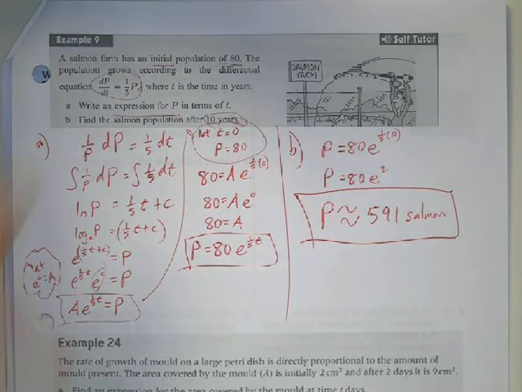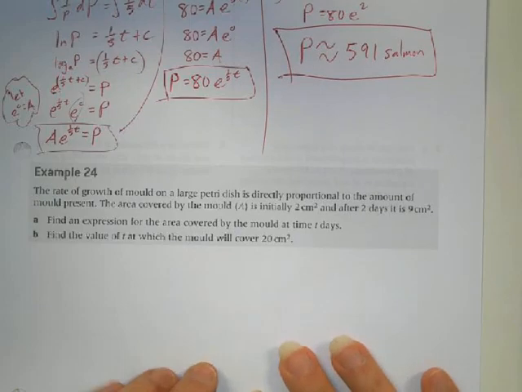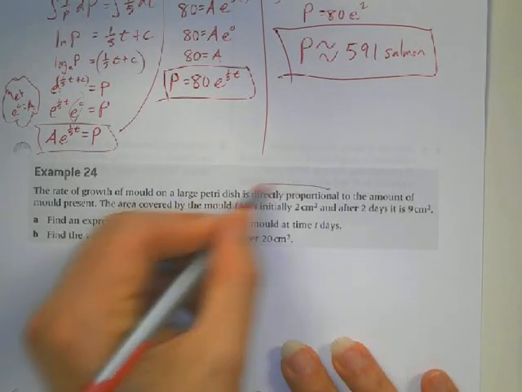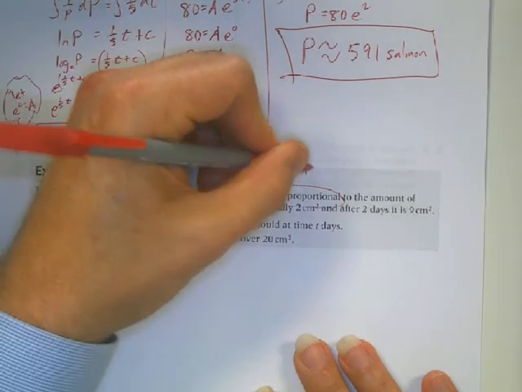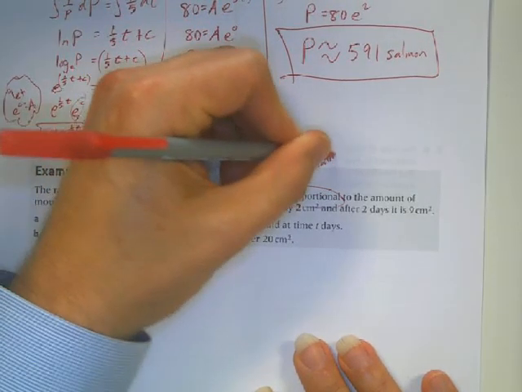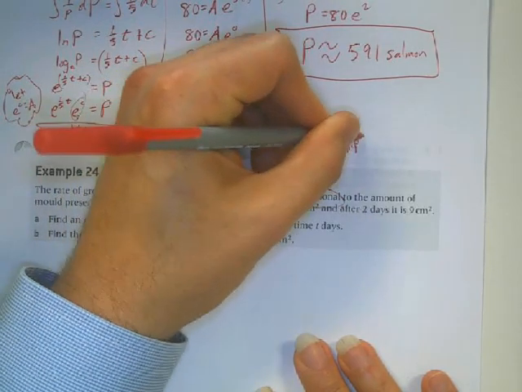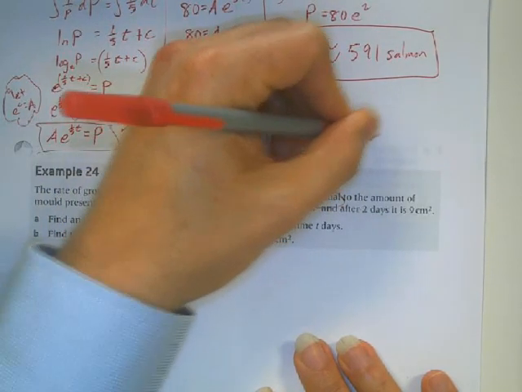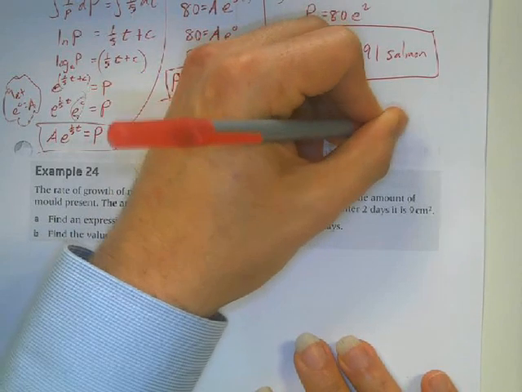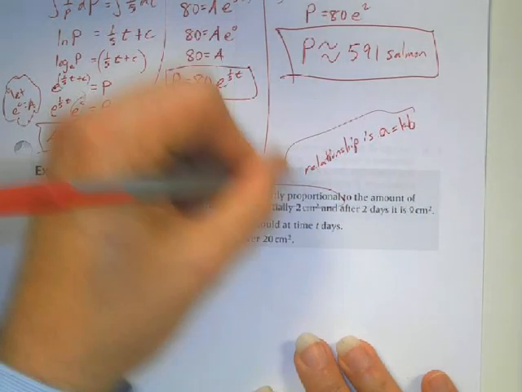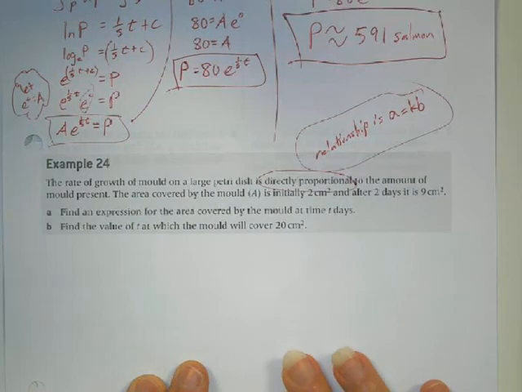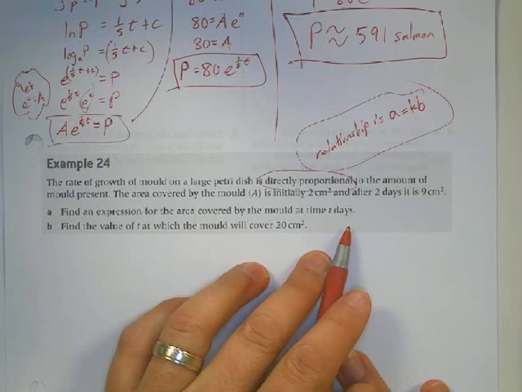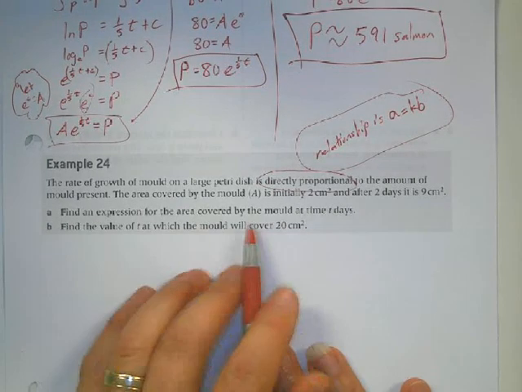Okay, 24. If two variables are directly proportional, that means the relationship is A = kB. You wouldn't necessarily know that before doing this problem. So find the expression of the area covered by mold at t times.